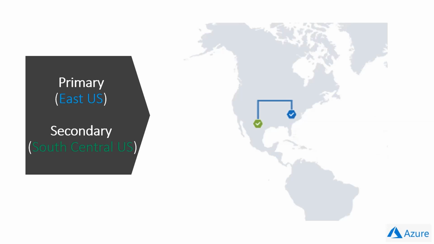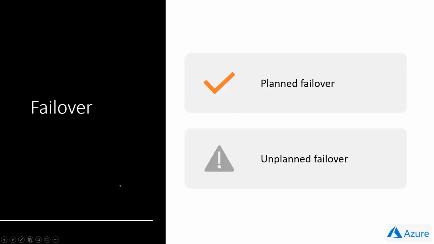And of course, another use case is if you have to do an application upgrade, you can create an extra secondary and use it as a failback copy during the application upgrade. So there are different use cases where you can use geo replication.